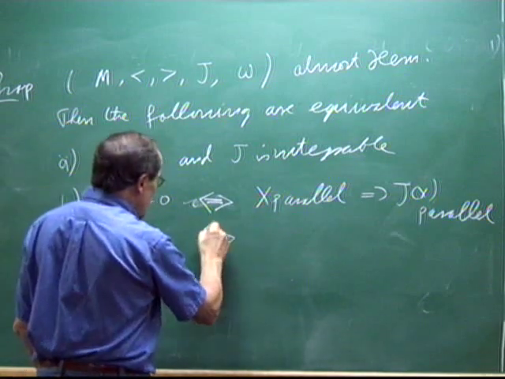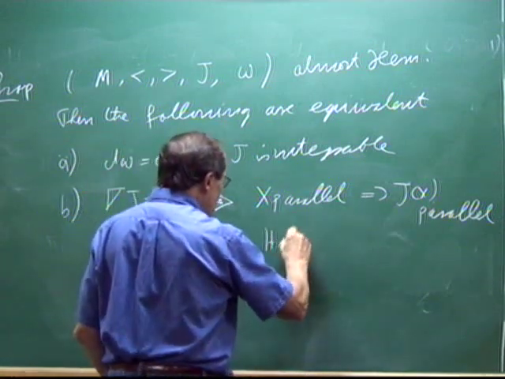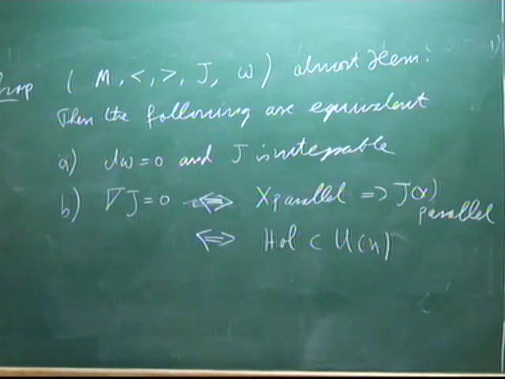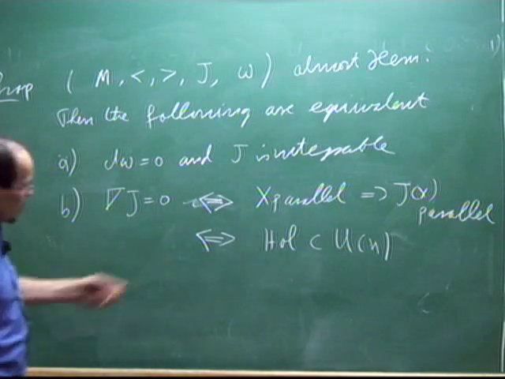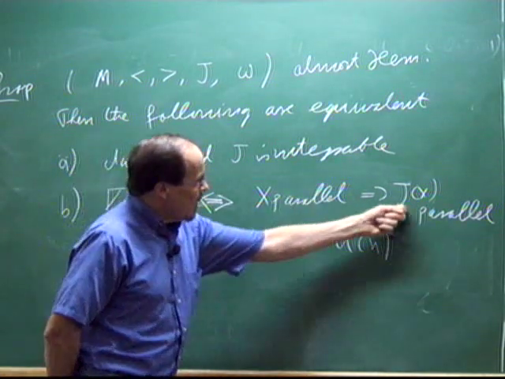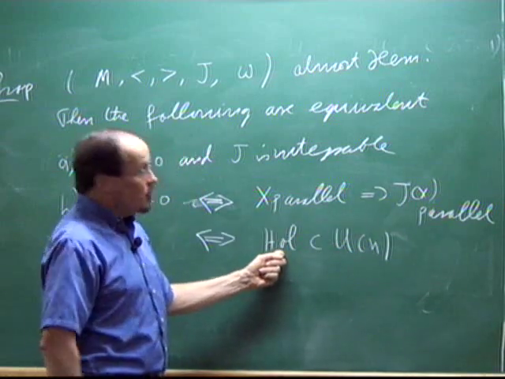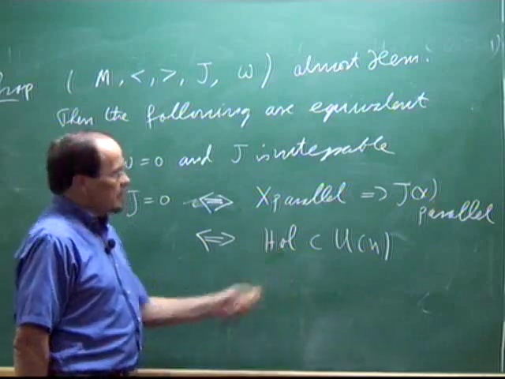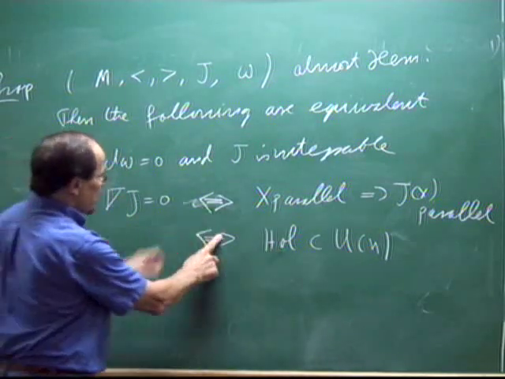Equivalently, the holonomy group is contained in the unitary group defined with respect to the almost complex structure that I have. Because holonomy is defined by parallel translation, this implies that it commutes with J, and therefore it's a complex linear map. So these equivalences are obvious, right?